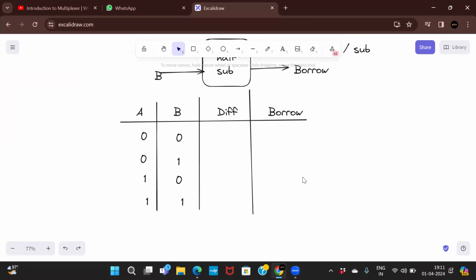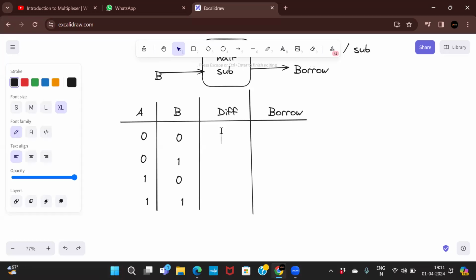Now you just need to find the difference. Subtractor means we need the difference, right? So 0 minus 0, what is the output? Quick response, guys. 0. We are not taking any borrow, so borrow is also 0. Remember, 0 minus 0 equals 0.